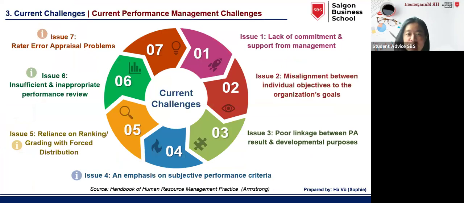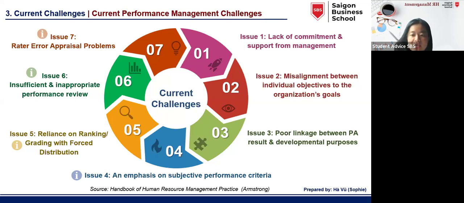Armstrong, in his Human Resource Management Handbook, identifies 7 common challenges in performance management as highlighted below. Firstly, lack of commitment and support from the management. Usually, top management like the CEO or the senior management team plays a crucial role in fostering a high-performance culture.